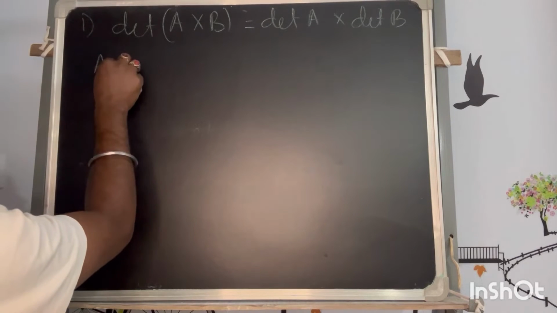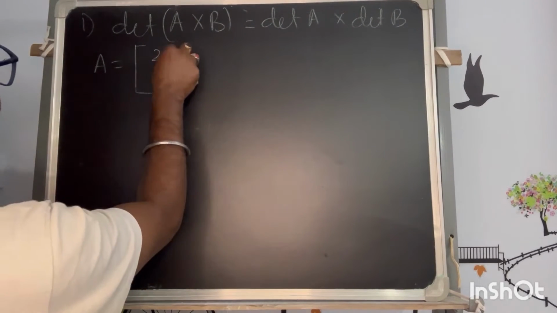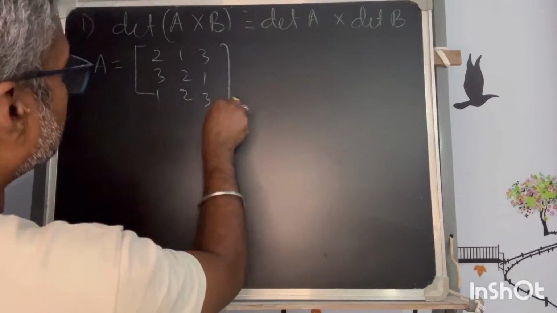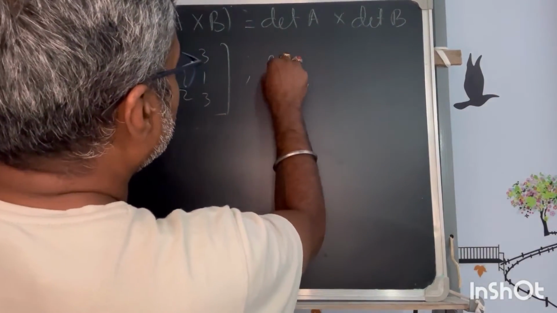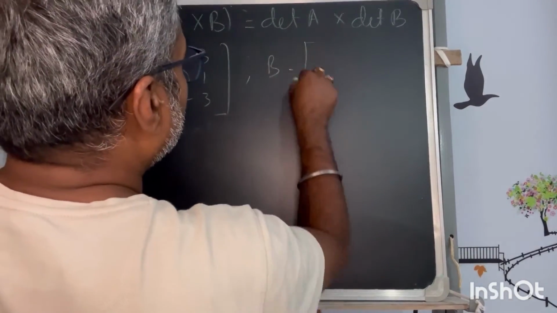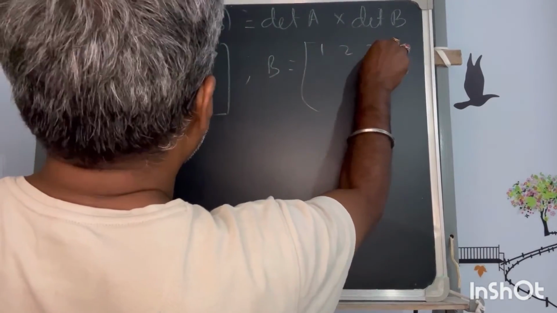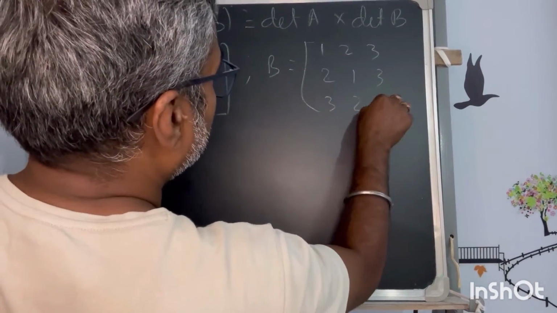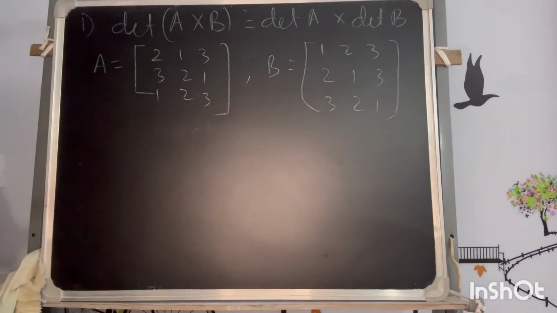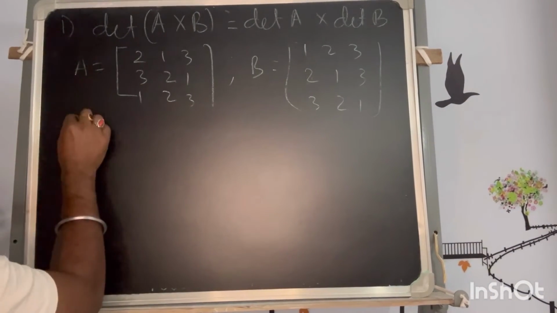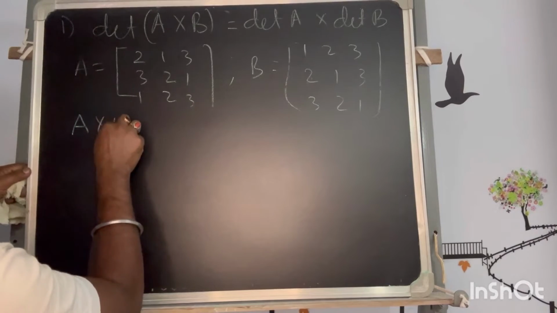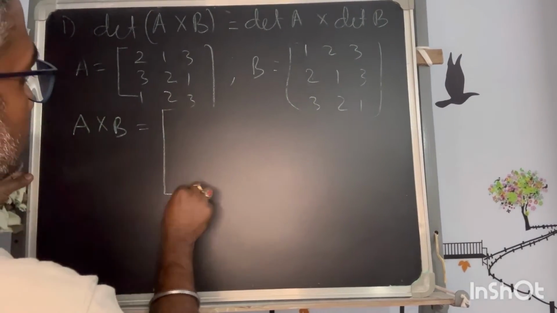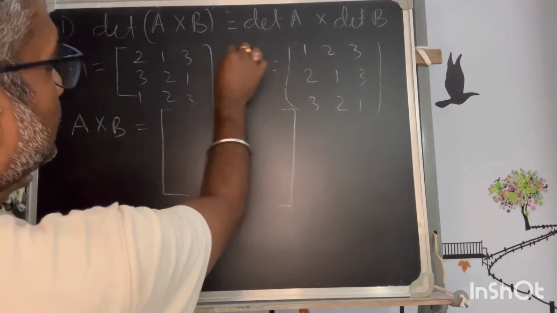Let's say I am taking the matrix A as 2 1 3, 3 2 1, 1 2 3, and the second one, B, I am taking as the reverse of that: 2 1 3 and 3 2 1. I am just shuffling the numbers. First I will do the product of these two, then I will take the determinant of that. Product means I have to multiply row into column.